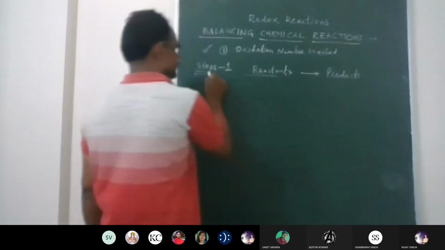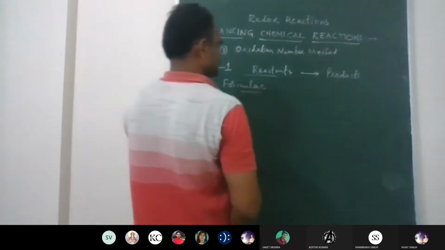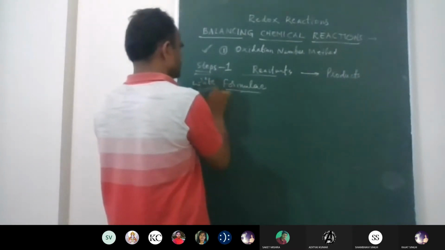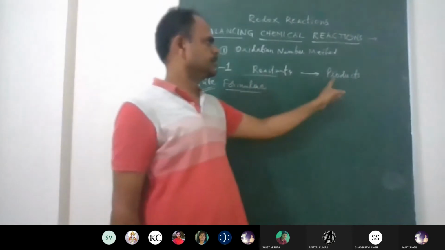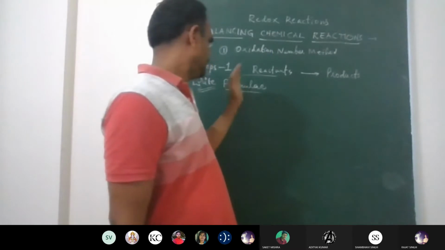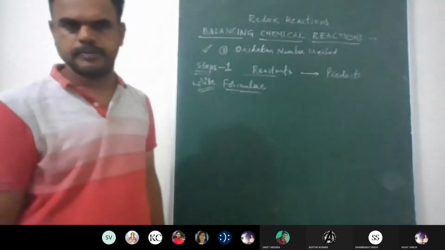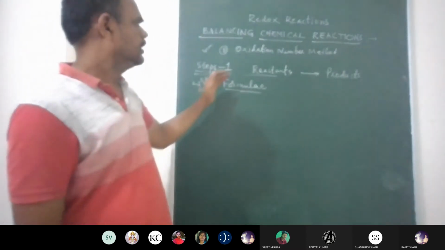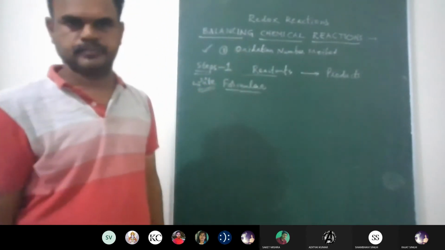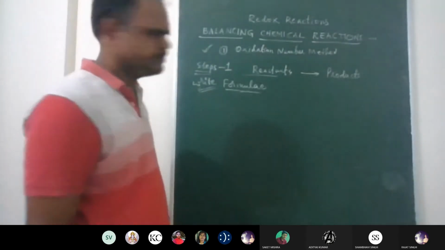So in step 1 we should write the correct formulae of the reactants and the products for the given chemical reaction. This is step 1 in the oxidation number method.